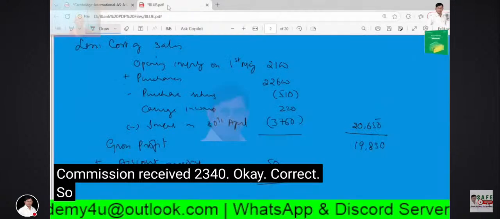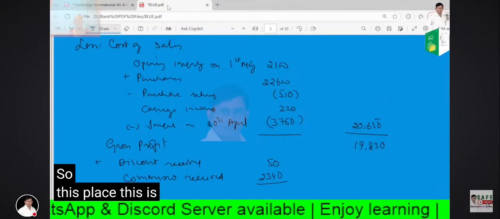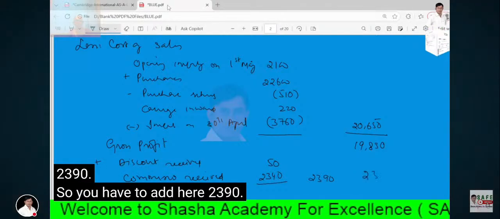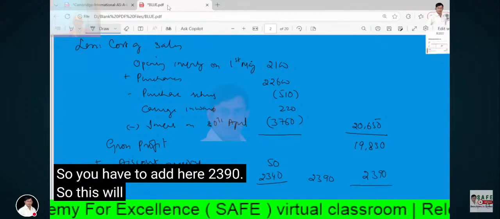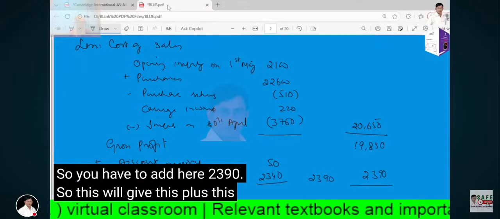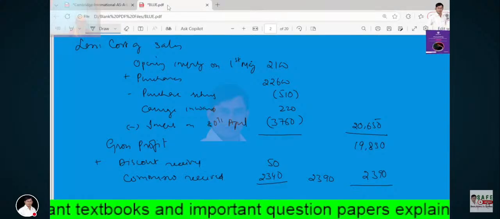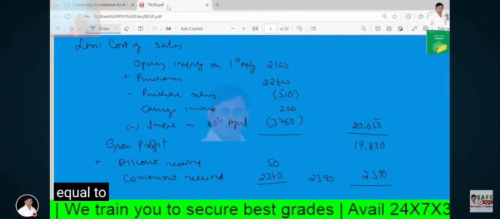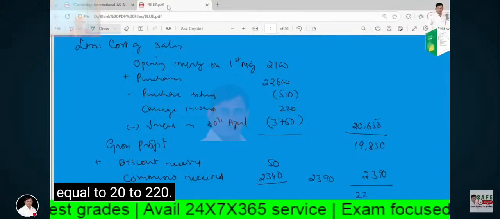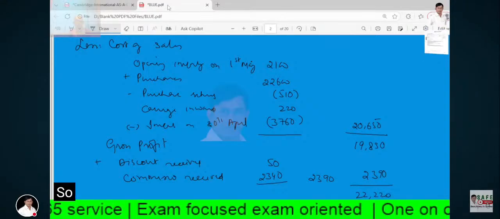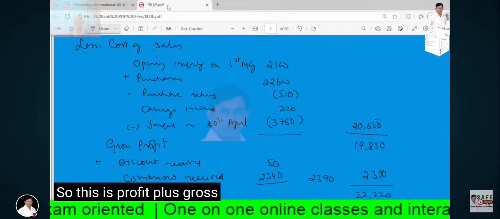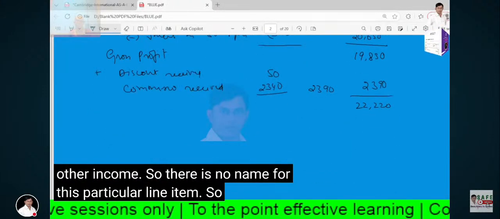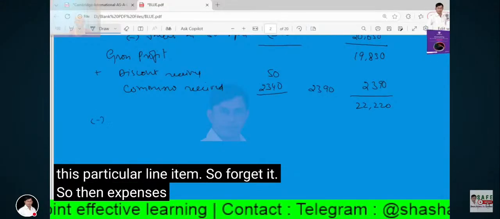So this is 2390, so you have to add here 2390. So this will be this plus this. So this is gross profit plus other income. There is no name for this particular line item, so forget it.